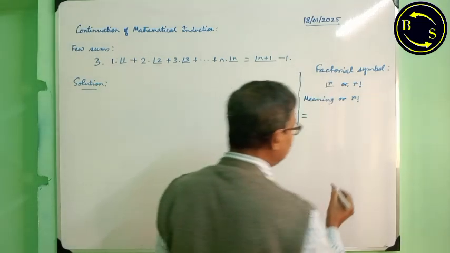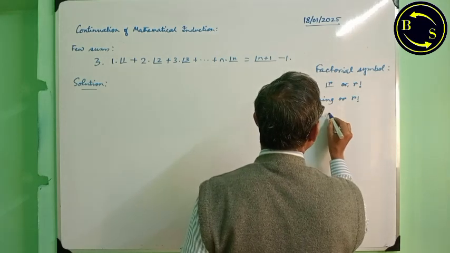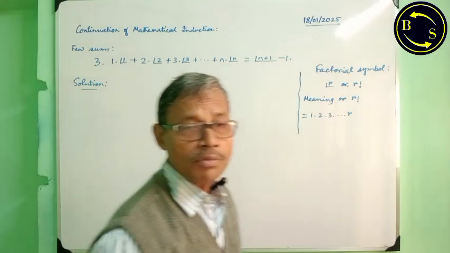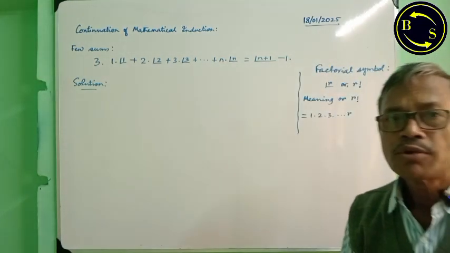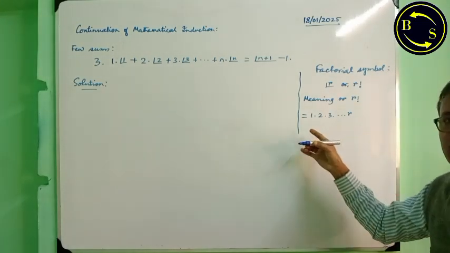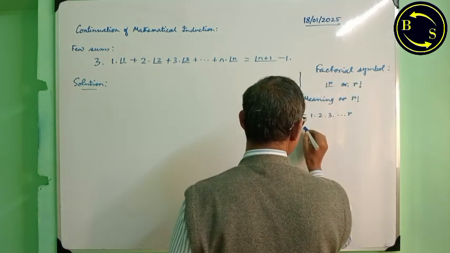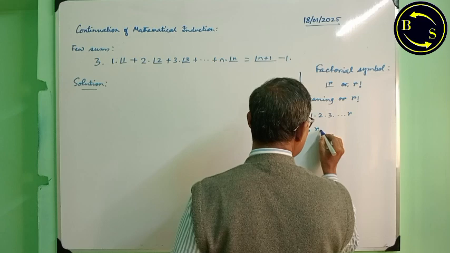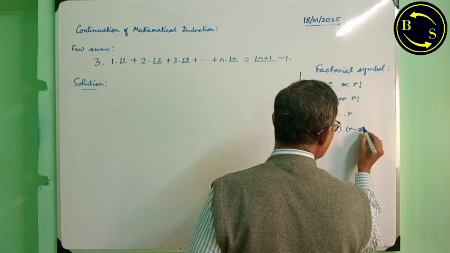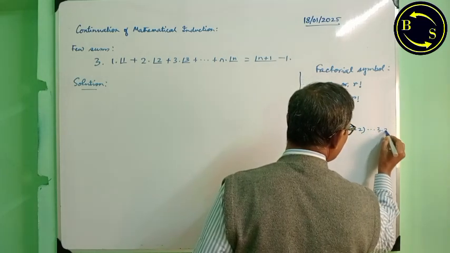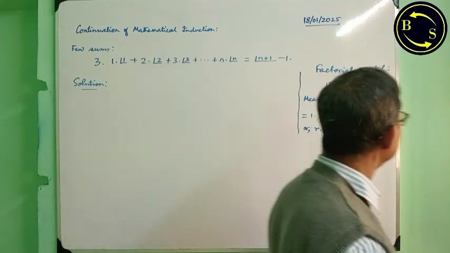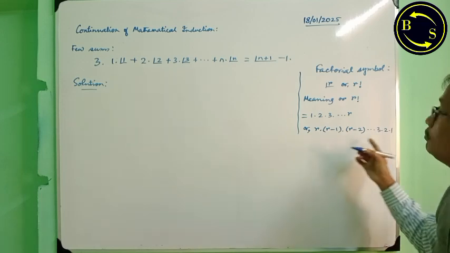The value is 1 into 2 into 3 up to R. Product of successive numbers starting from 1 to R, that is factorial R. Also we can write in the reverse order: R into R minus 1, R minus 2, dot dot dot 3 into 2 into 1. R factorial is this one.